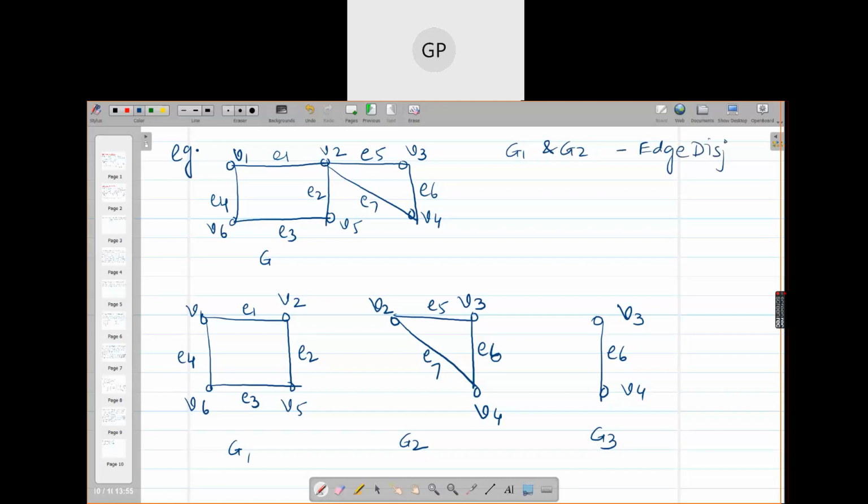Now tell me, do they have any vertex in common? V2. V2 is common. V2 is in both the graphs, G1 and G2. So are they vertex disjoint?